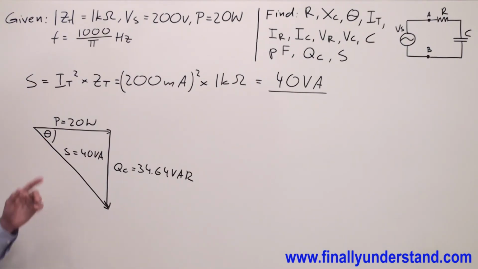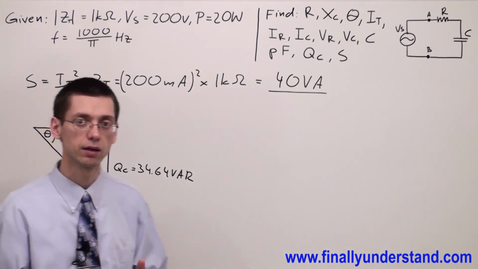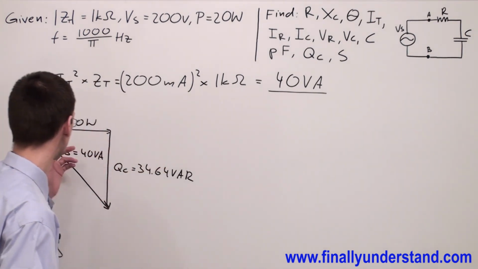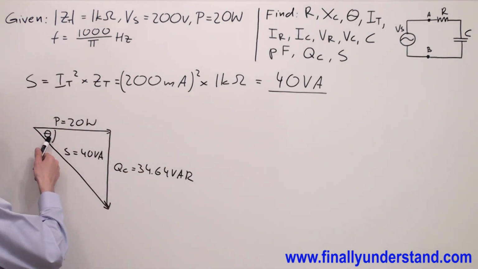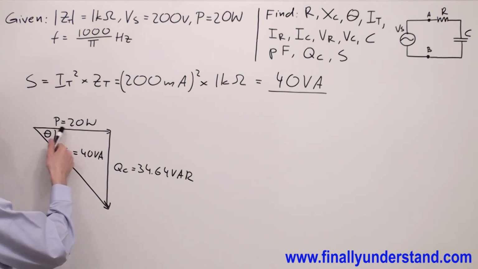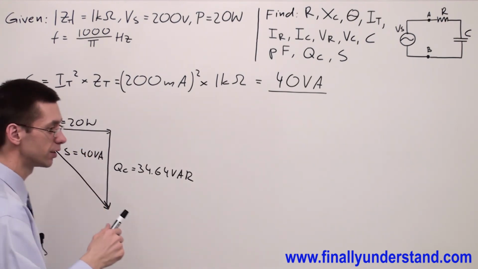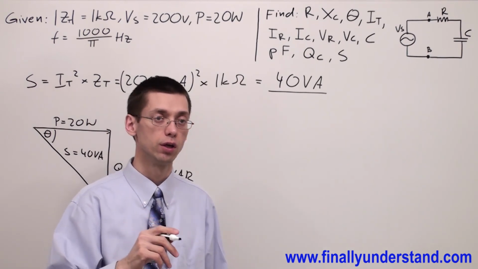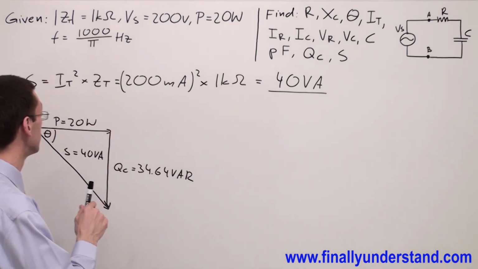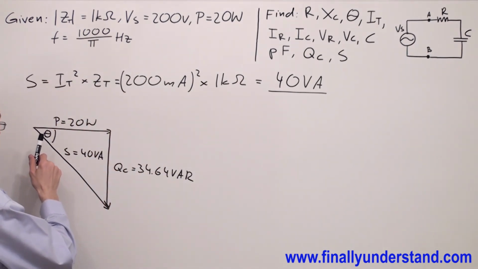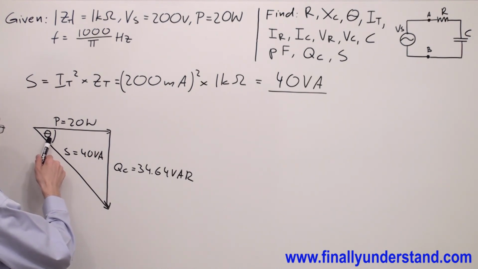Students very often ask me what this angle represents. What angle is this, okay? So this angle, which you are going to get from the power triangle, is the angle which we used in our problem. This is the angle which we used next to Z total, okay?